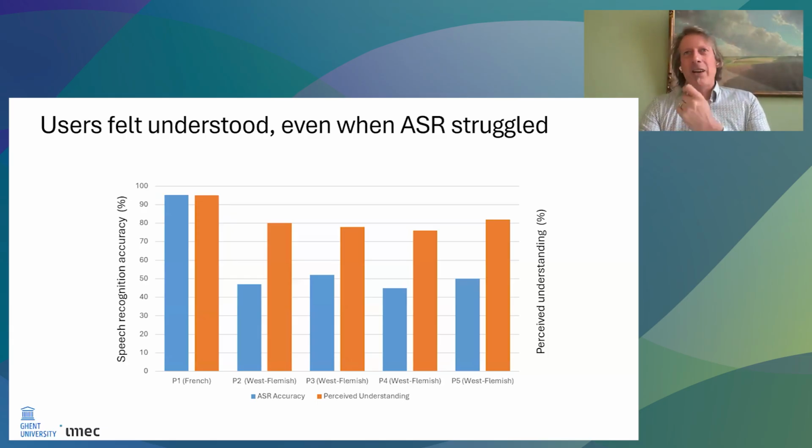The LLM has enough context, enough prior interactions that we've summarized, or from the current ongoing interaction, to get the gist of what is being said. And it still says something that makes sense. So even though the speech recognition isn't doing well, the conversation is flowing. Sometimes it's a bit awkward, but people don't seem to mind.